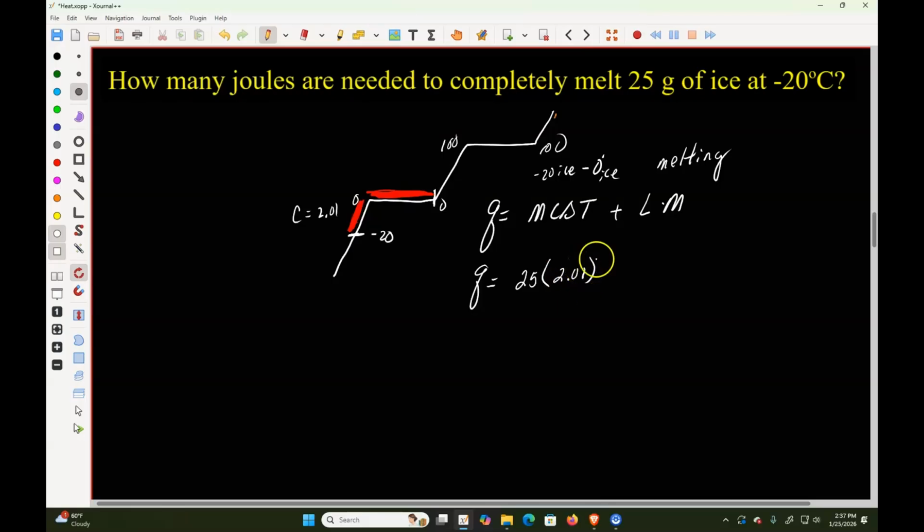The change in temperature is going to go from negative 20 to 0, so that's going to be 20 degrees, plus the latent heat for ice is 334 joules per gram times the mass of 25 grams. So plug this in my calculator, I'll get 9,355 joules.